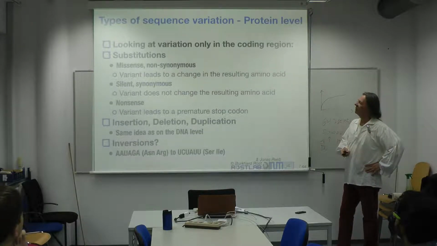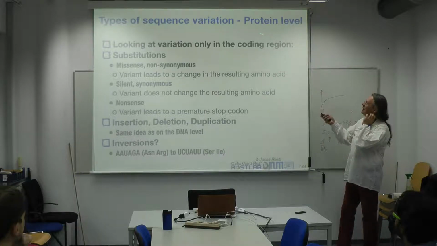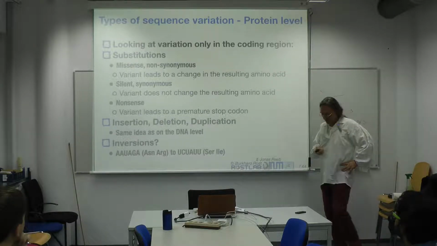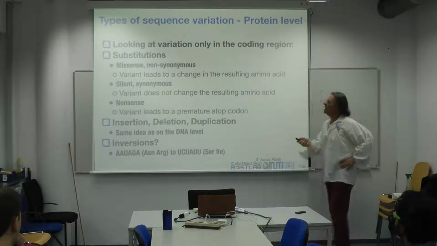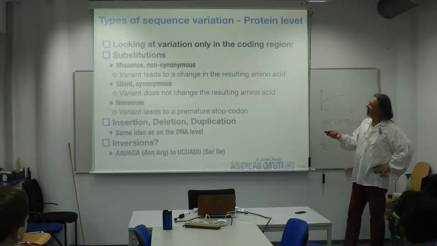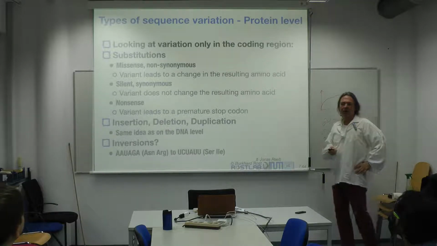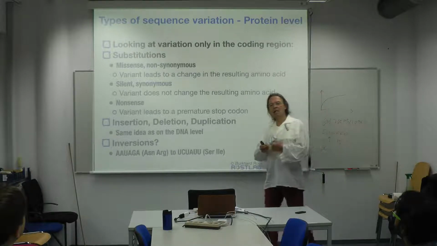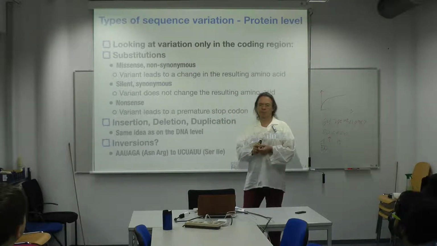Now, on the level of proteins, we have substitutions again, where a single nucleotide change can lead to silent, nonsense and missense variants. Missense means that the nucleotide change leads to a change in the amino acid sequence.